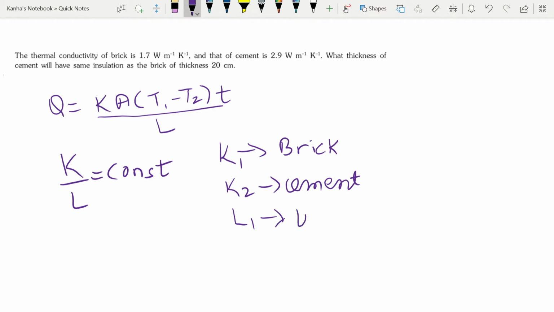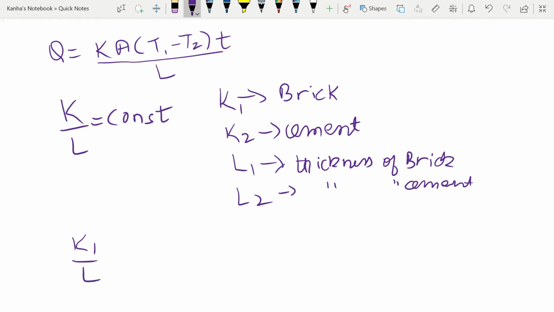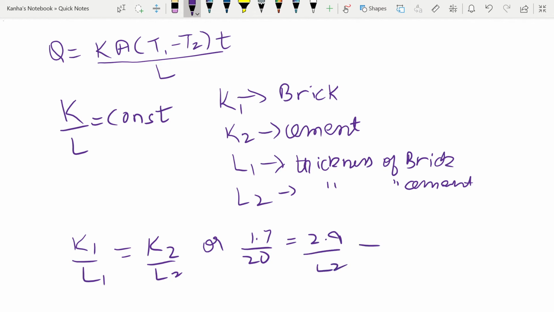L1 be the thickness of brick and L2 is the thickness of cement. Then I can easily write K1 by L1 is equal to K2 by L2, or 1.7 by 20 is equal to 2.9 by L2, which gives me L2 is nothing but 34.12 centimeter.